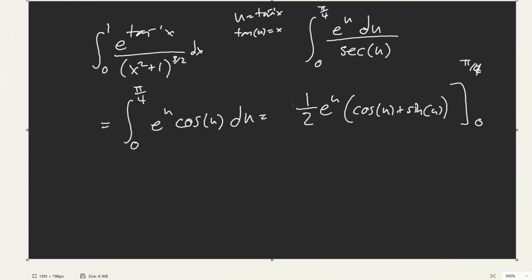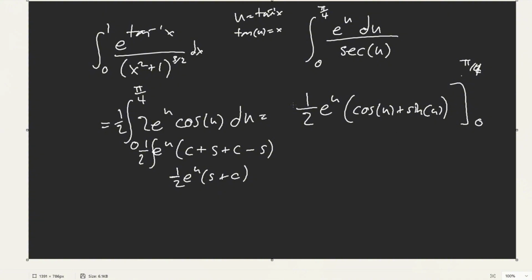Oh, that's pi over 4. The way to see this is half times this, and then e to the u, you get cosine plus sine plus cosine minus sine. So pretty much it's reverse product rule. Does that make sense? So that's how I kind of memorize this. Oh, okay, this is e to the u sine plus cosine. Okay, so that's just my tip on that. That's how I mentally memorize this.